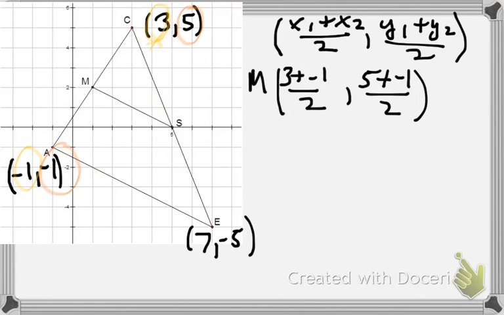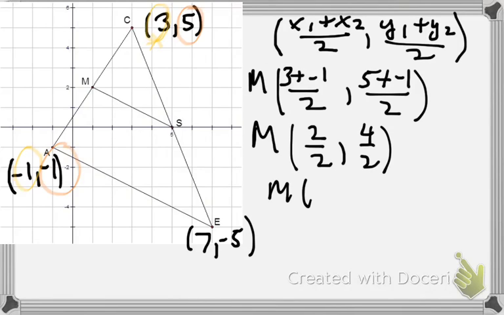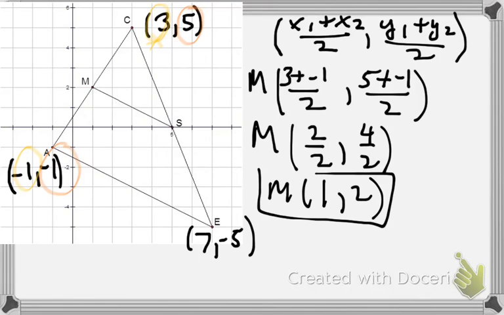Okay? So we got that, and you're going to get M is 2 over 2. And this is going to be 4 over 2. And then you get 1, 2. So not hard. We've done this before. You've seen it done before. That's the M. So I'm going to write that on here. M is 1, 2.